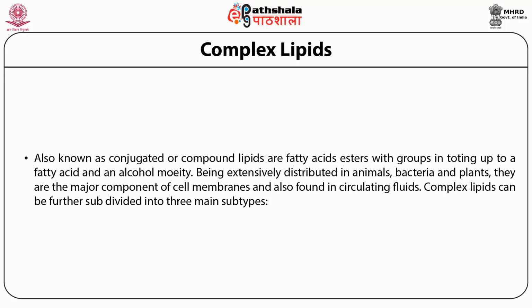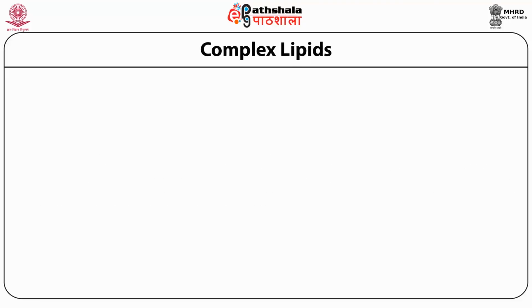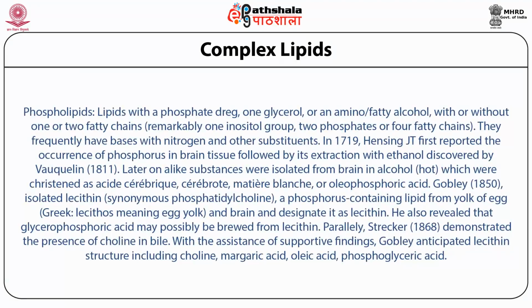Complex lipids can be further subdivided into three main subtypes. The first is the phospholipids. The phospholipids are the lipids with a phosphate moiety.